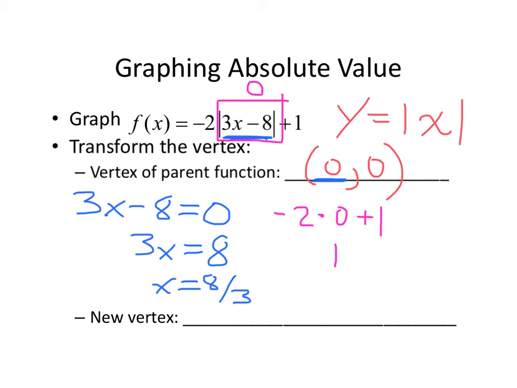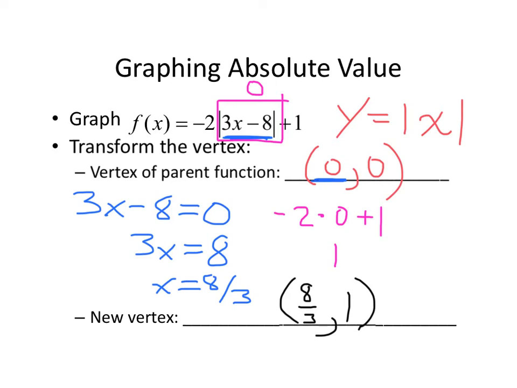Therefore, my vertex is the point 8/3, 1. If you're like, whoa, what happened? Actually take 8/3, substitute it into the function, and you'll see that the part in the absolute value is just going to be 0.